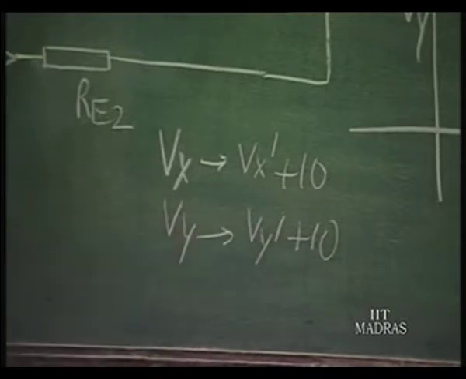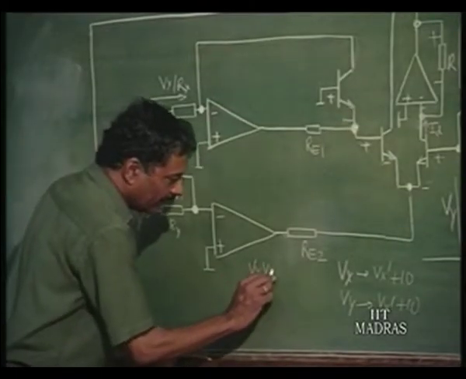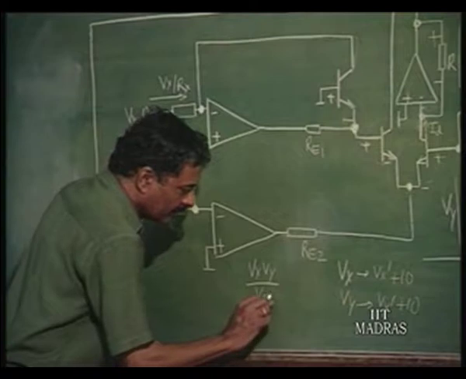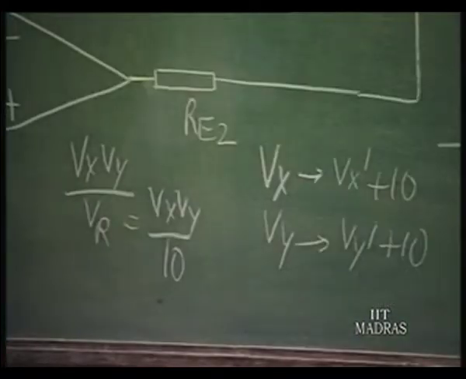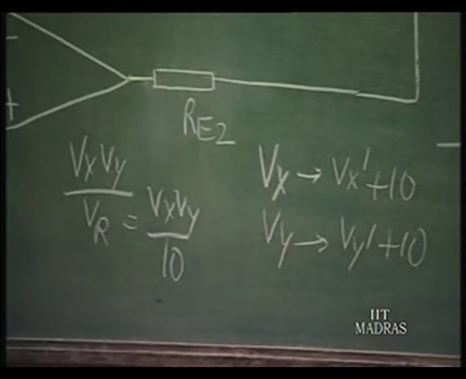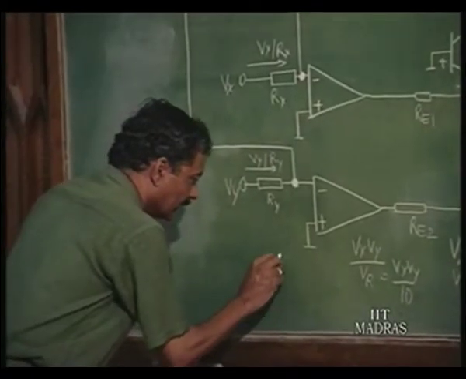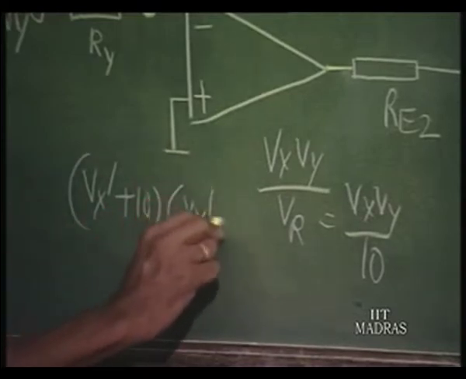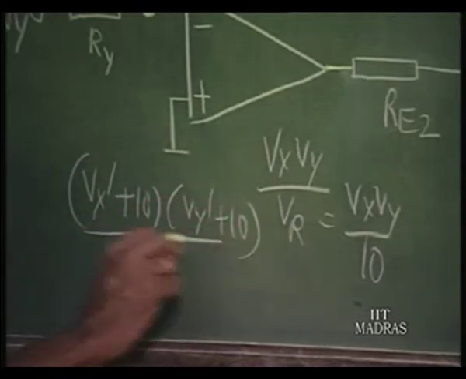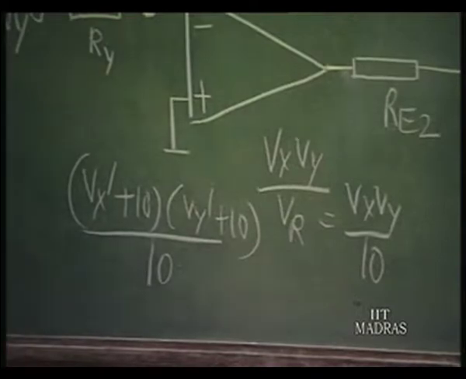Then we will do the multiplication using this. This will be V x V y by V r, which is V x V y by 10 volts. V r can be made equal to 10 volts. So, what it will become is V x dash plus 10 times V y dash plus 10 divided by 10.